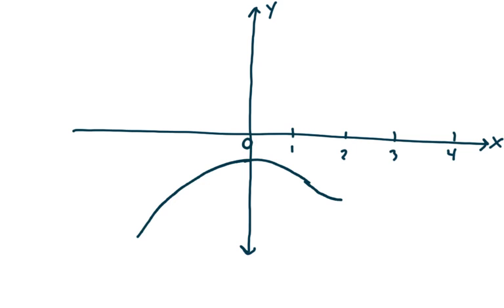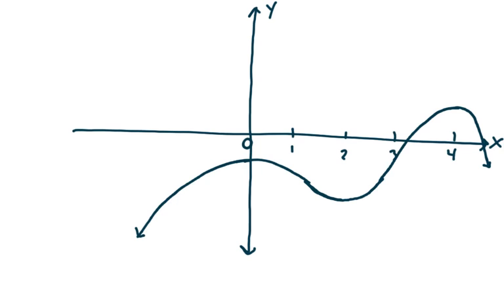And then it's increasing from 2 to 4. So from 2 to 4, it's increasing. And then from 4 off to infinity, right, it starts to decrease. So we get something like this.